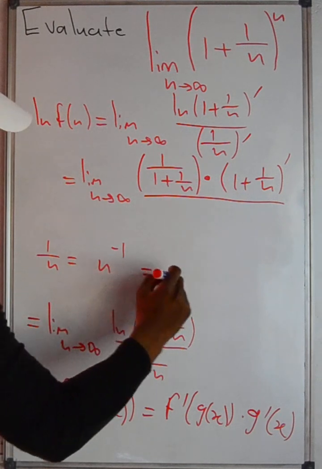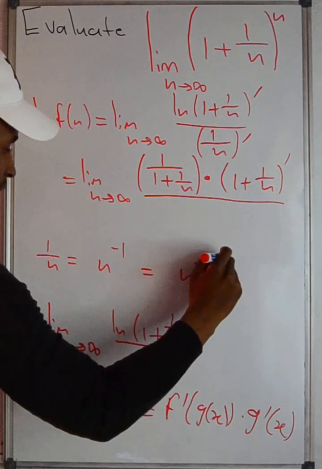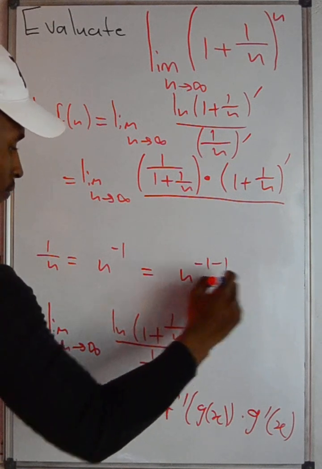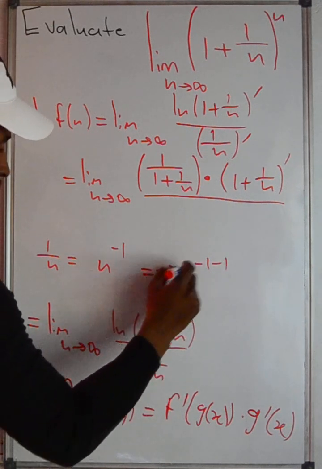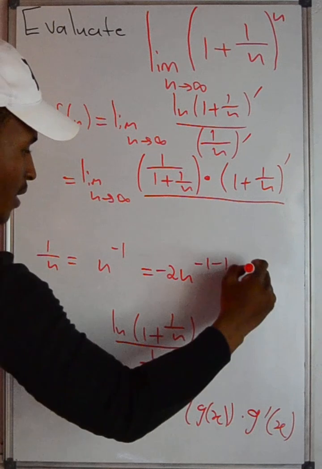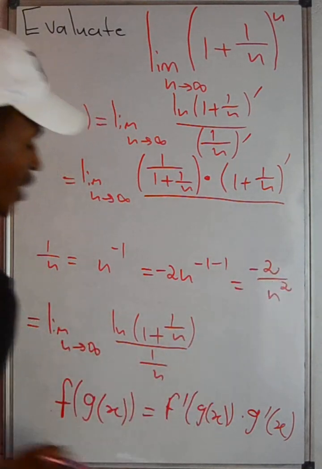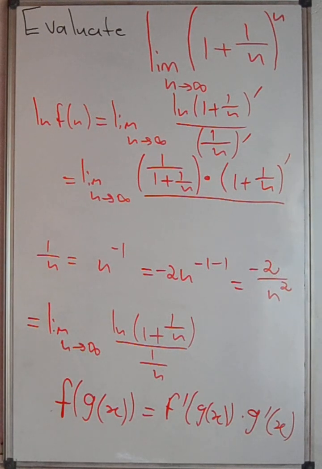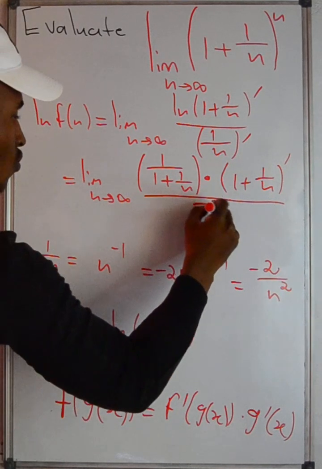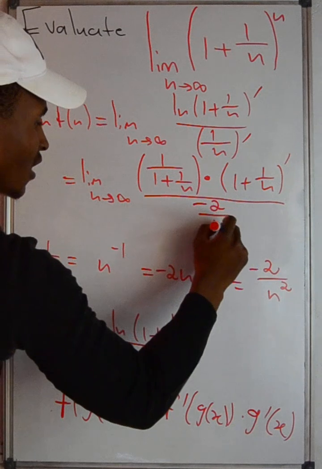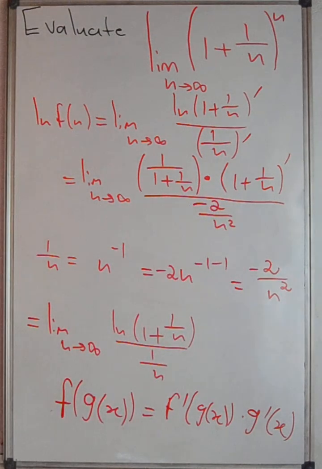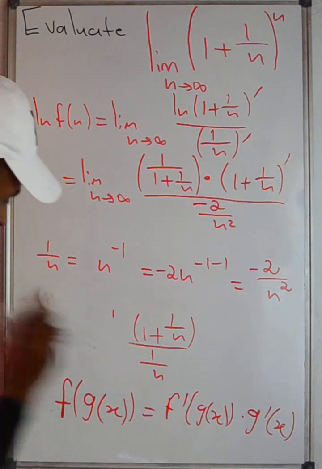And the derivative is minus 1 times n to the power minus 1 minus 1, which is n to the minus 2, and this will be the same as minus 1 over n squared if we are using positive exponents. So even here we are going to have minus 1 over n squared. So now let me erase the last part.